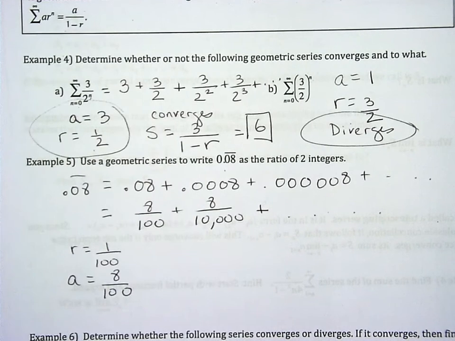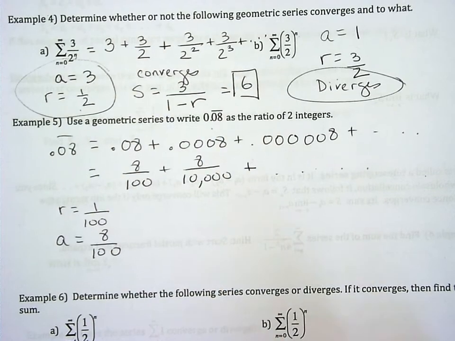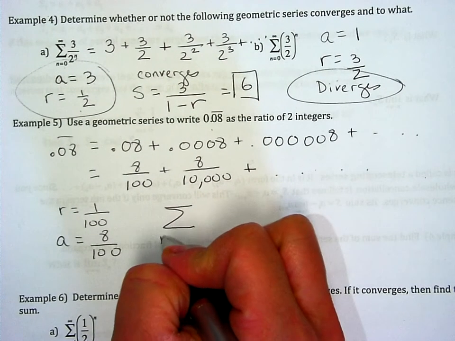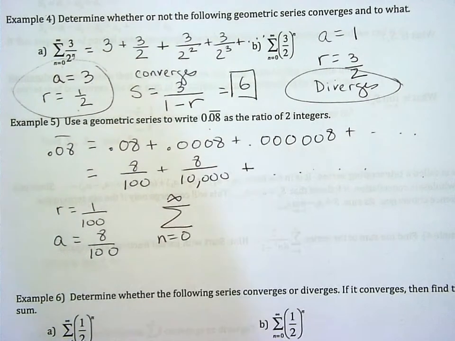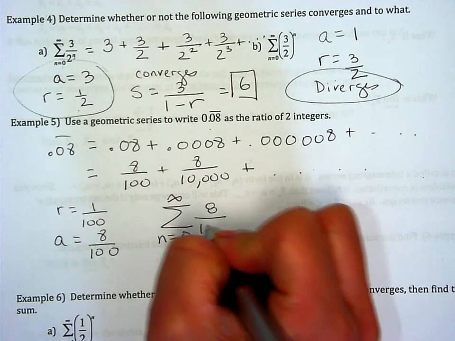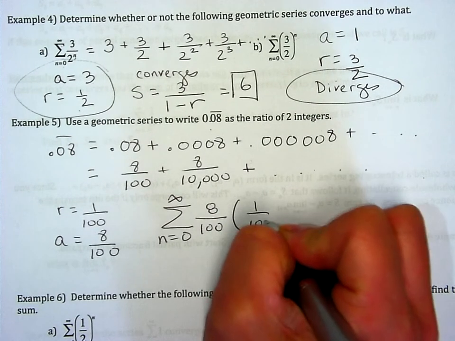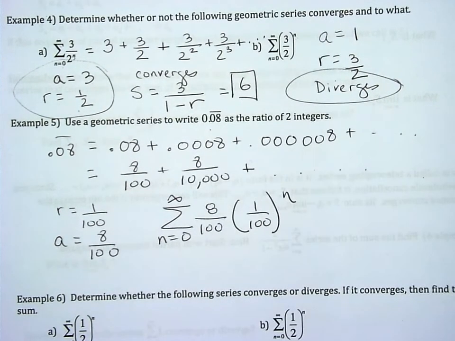If I want to rewrite this in sigma notation, you can either start your sigma at 0 or 1, it doesn't matter. I'm going to start it at 0. So there's my A, there's my R, that's my sigma notation.